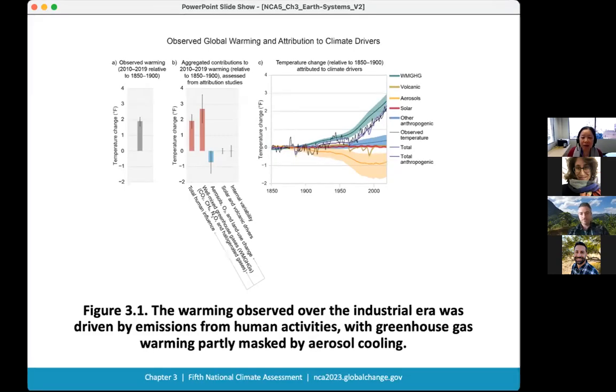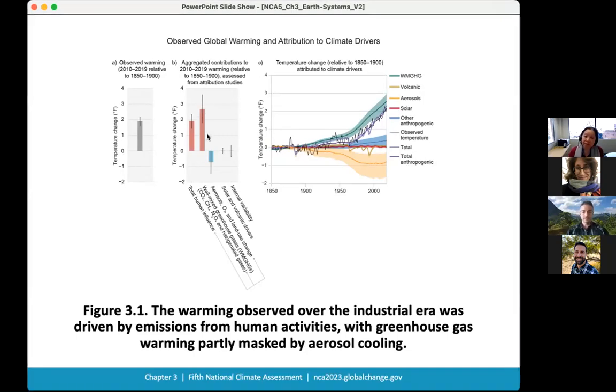And breaking this down, we see that there is a significant contribution of warming of about 2.7 degrees Fahrenheit. And this warming is coming from well-mixed greenhouse gases, and the majority of that would be carbon dioxide, but also methane, nitrous oxide, and some other halogenated gases. And so these really contributed to the major warming.